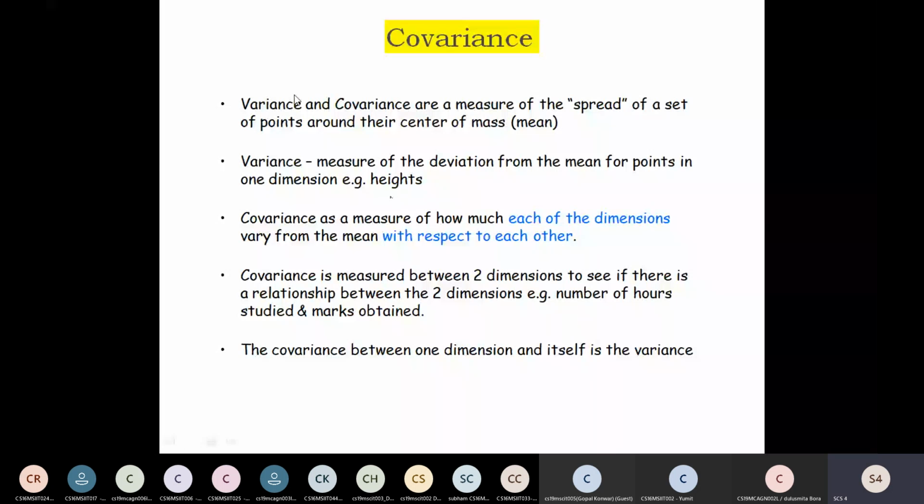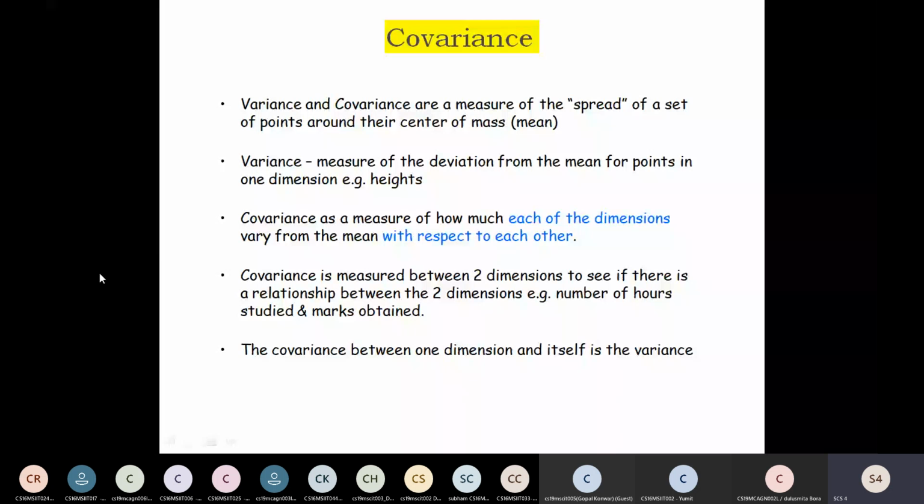So variance and covariance are a measure of the spread of a set of points around their center of mass or mean. You know that in the K-means clustering algorithm also you have seen the centroid, right? That is representing the whole cluster.